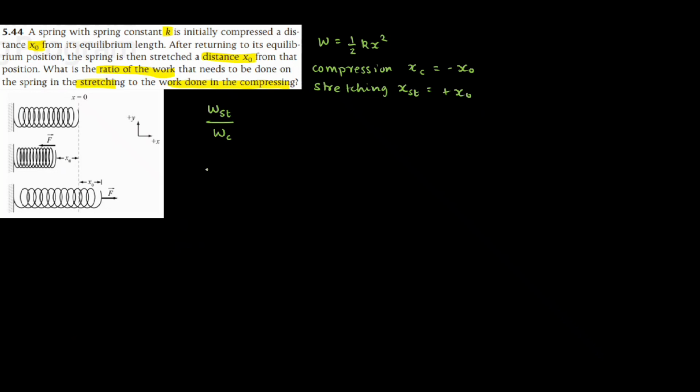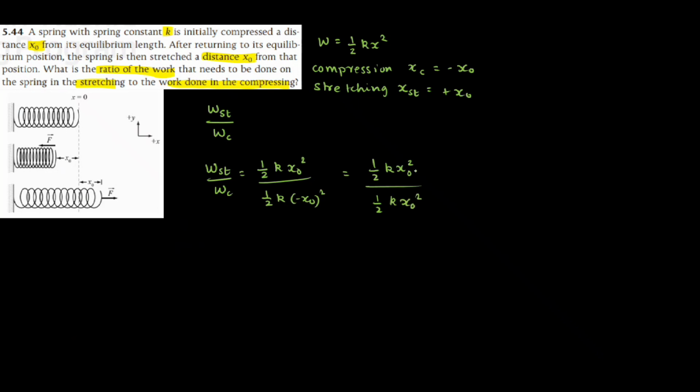So this ratio, I can write as half k x0 squared over half k negative x0 squared. We know that when we take the square of a negative number and the square of a positive number, if these two numbers are the same, the results are equal.